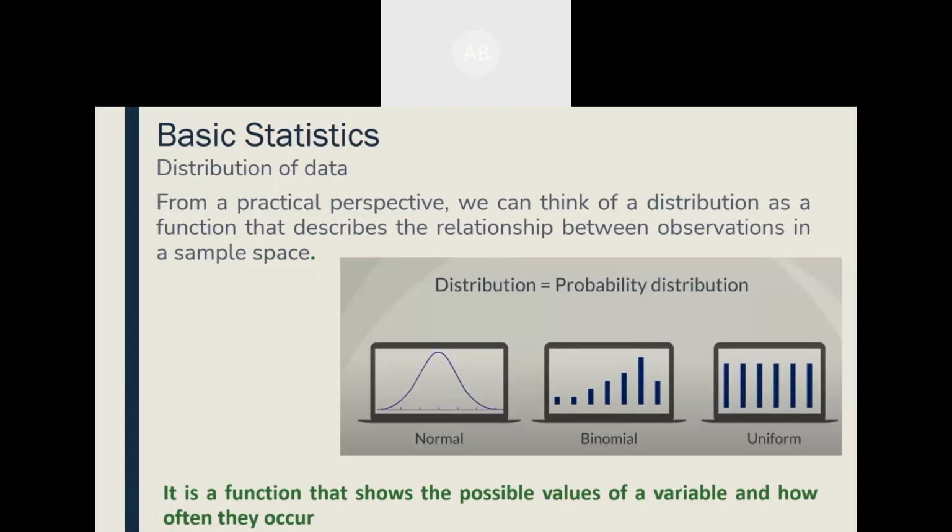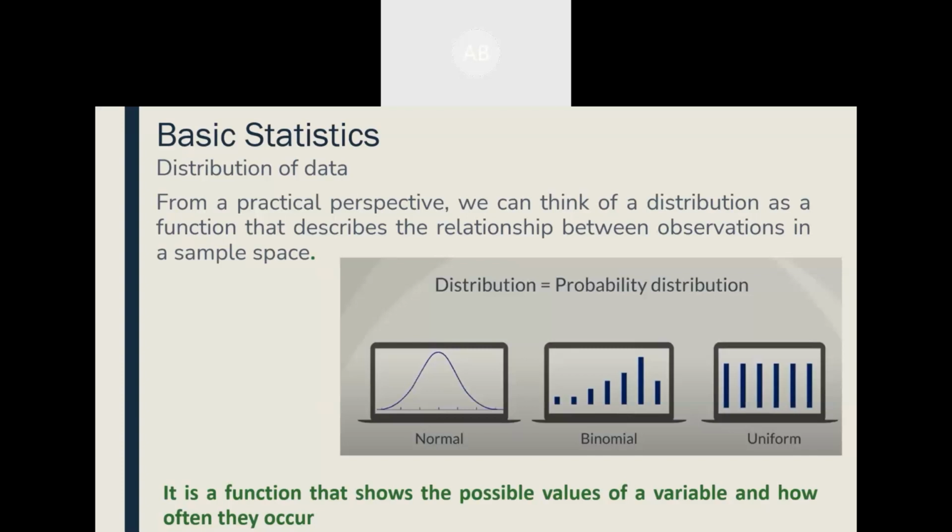In another way, you can describe the distribution as a function that shows the possible values of a variable and how often they occur. So distribution is also related to the probability of occurrence of a value in a data set.